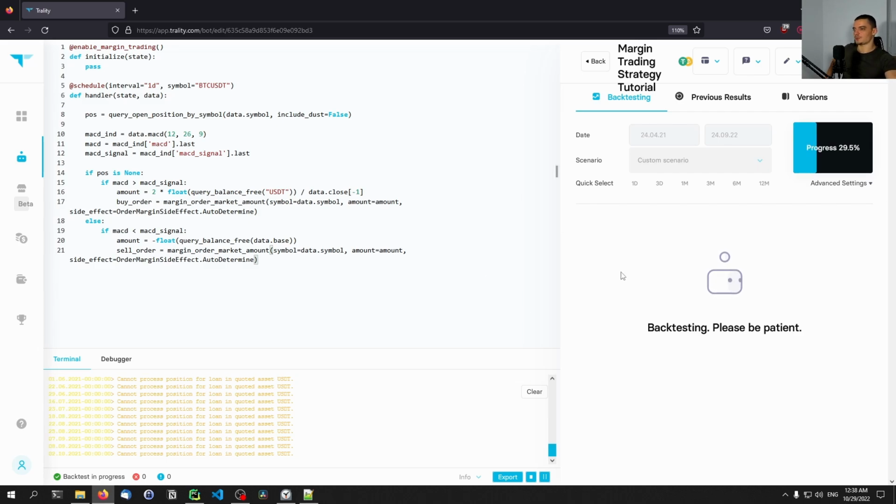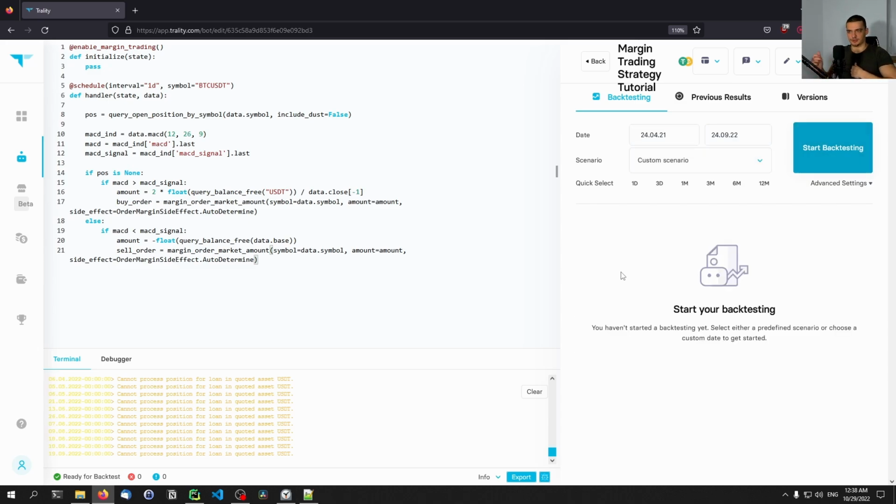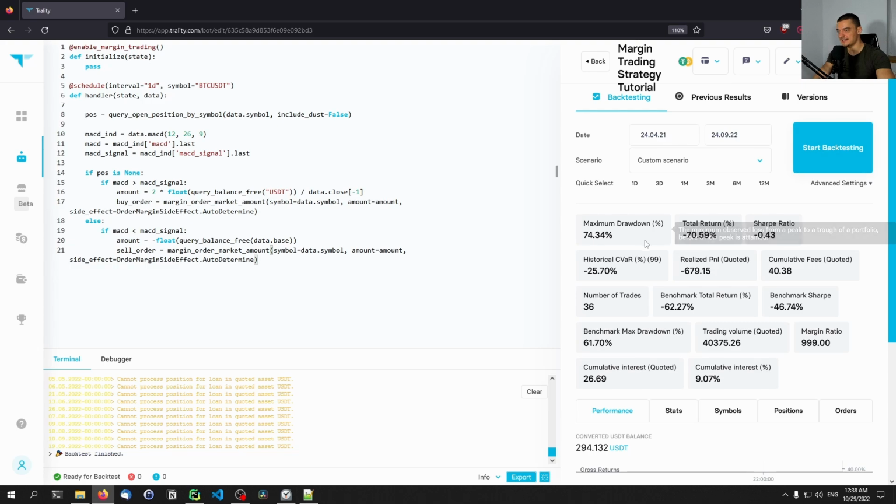But this is quite nice, right? So you can write your own margin trading algorithms and you can evaluate them with this backtesting. And in the next step, once we're done with this backtesting here, I'm going to show you how you can optimize parameters. So for example, what days to look at to optimize the trading strategy. You can also do that. And in this case, we lose quite a lot of money, 70% down using that strategy. So it's not necessarily the best strategy to apply here.